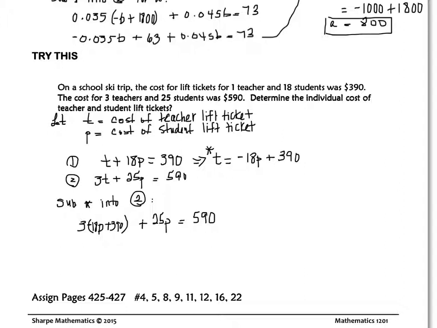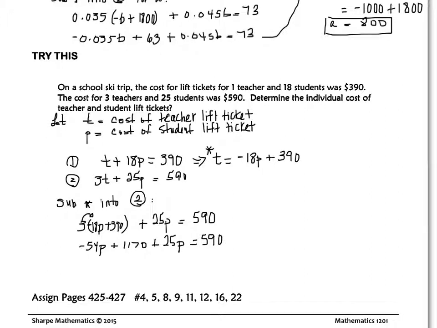And then we have to simplify. We've gotten rid of the two variables and cut down to an equation with just one variable, but we have to distribute. So 3 times negative 18p is negative 54p, plus 3 times 390 is 1,170, plus your 25p equals $590.